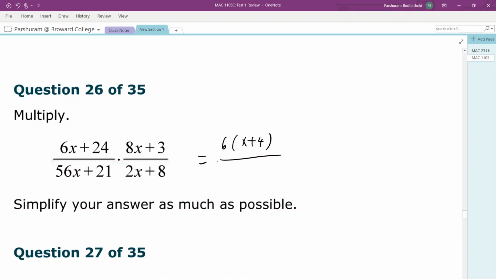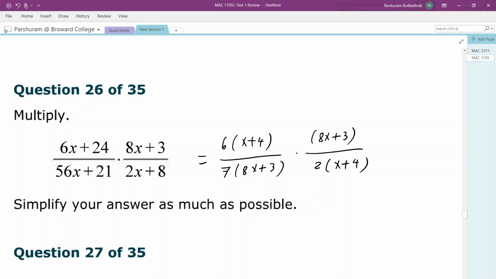On the bottom the common factor would be 7, so it would be 7 times 8x plus 3 for the first expression. For the second expression, there is nothing we can do on top. There is nothing common between 8x and 3. But on the bottom part, there is a greatest common factor 2. So we can factor out 2, and it will give us x plus 4.